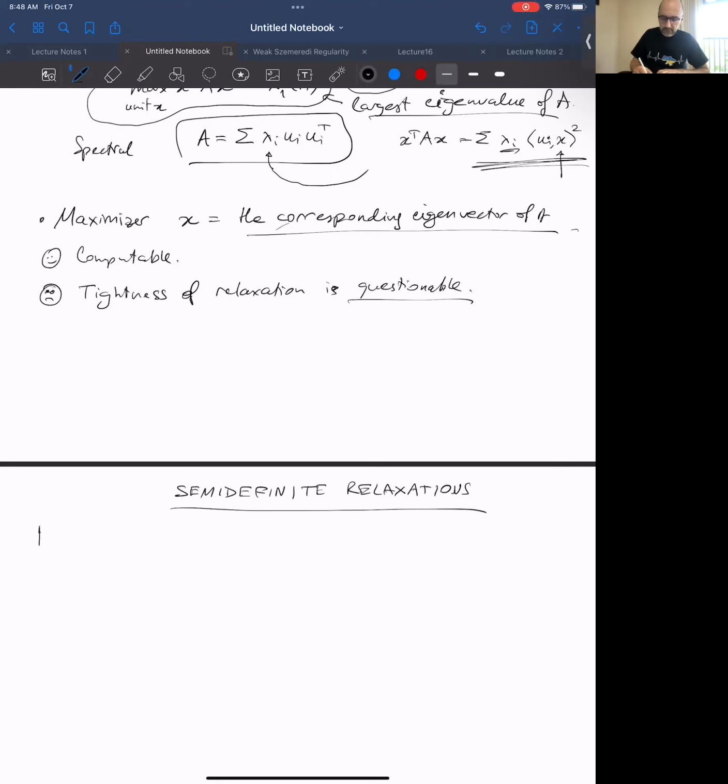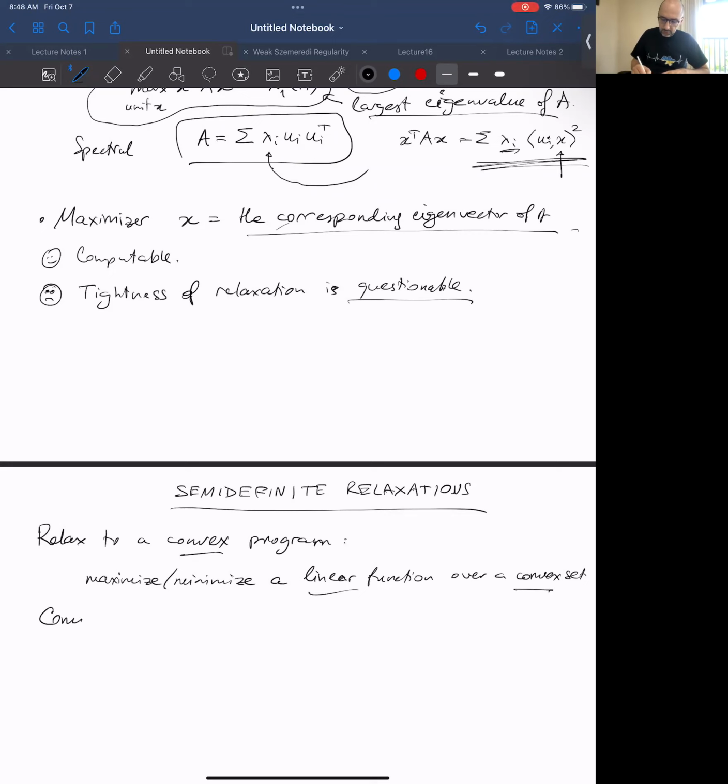So we would like to relax the hard problem to a convex problem or convex program, where we would maximize or minimize a linear function over a convex set.